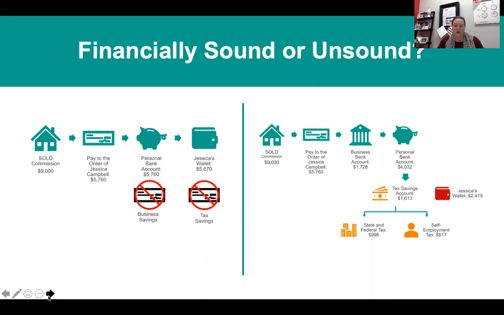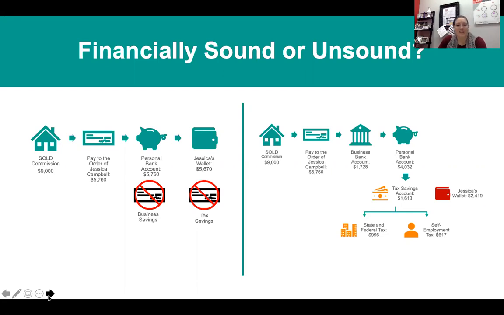So we're going to look at whether these two scenarios are financially sound or unsound. These two scenarios represent a transaction closed by a solo agent, Jessica Campbell, where she is closing on her home and her share of the commission is $9,000. If you look on the left side, you see the commission sold. That's the gross commission of $9,000.